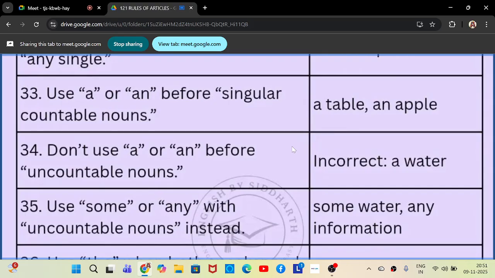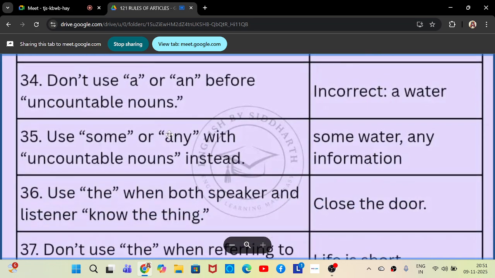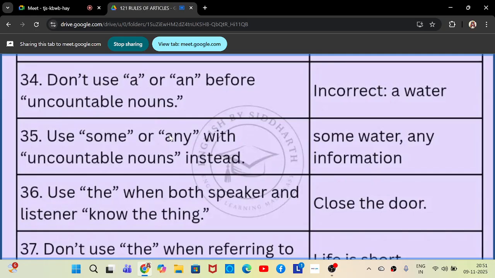Then next one, don't use a or an before uncountable nouns. What are uncountable nouns? എണ്ണാൻ കഴിയാത്ത. Very good. എണ്ണാൻ കഴിയാത്തത്.